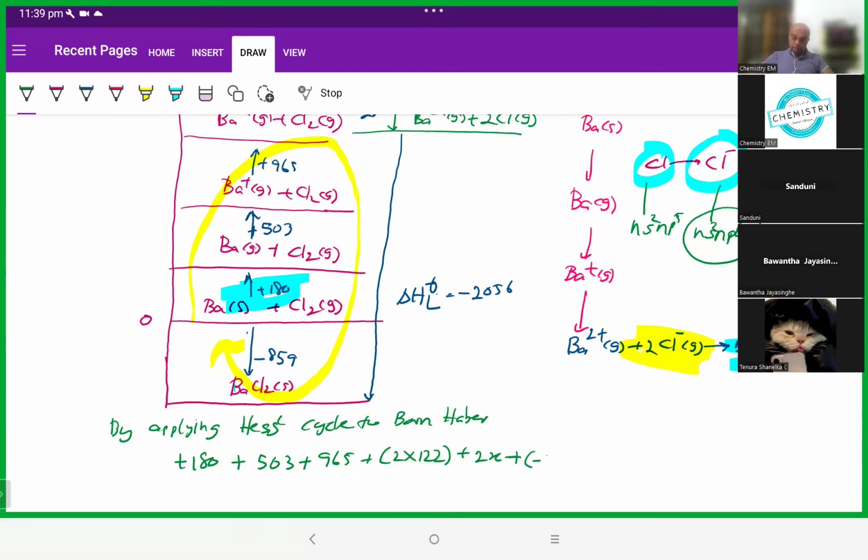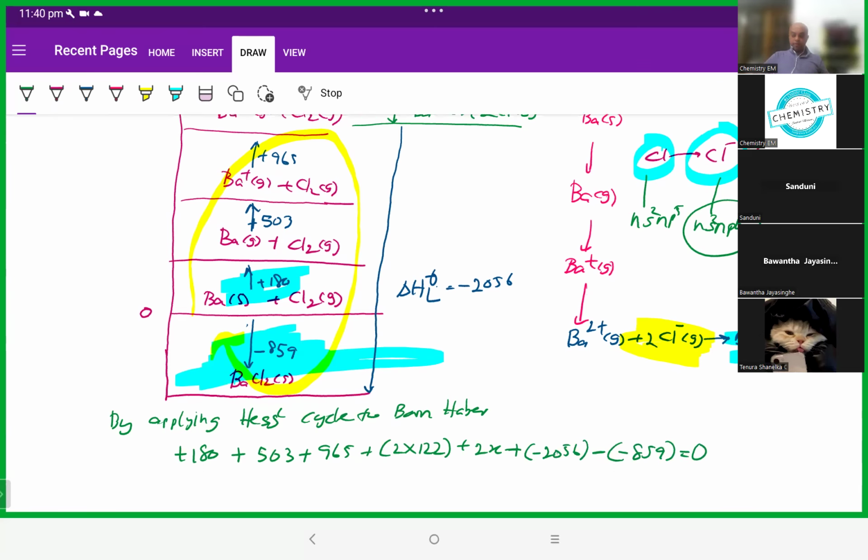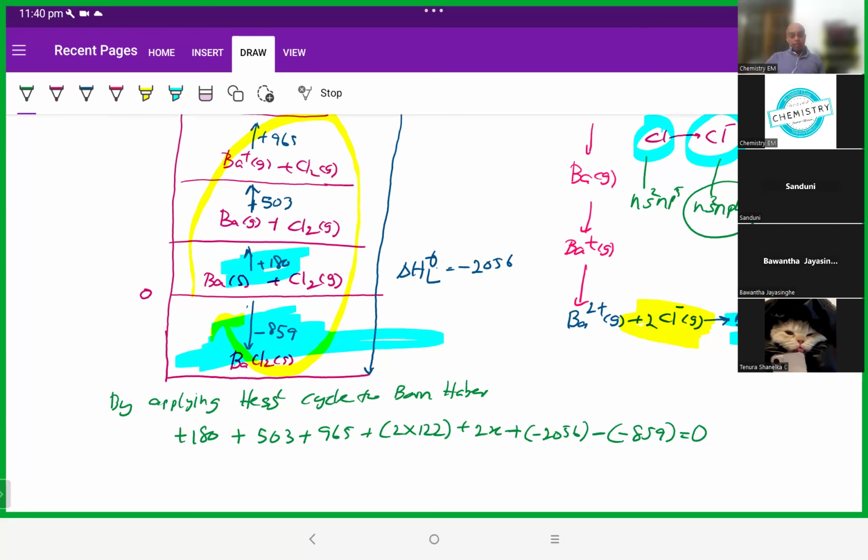So this should be plus negative 256. And this arrow is in the opposite direction to the one we are moving. So therefore, first it will be negative, and the value is 859. Total will be equal to 0. Right. Now we can do the math and get the answer for x.